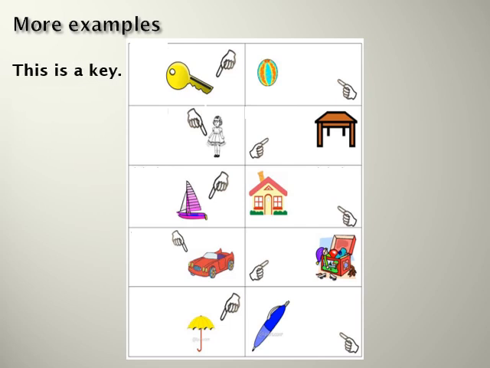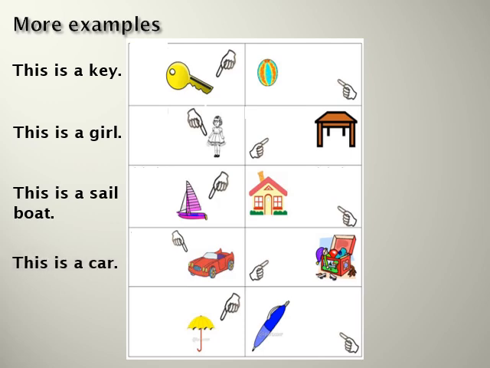This is a girl. This is a sailboat. This is a car. This is an umbrella. As there is only one object, we use the helping verb is.